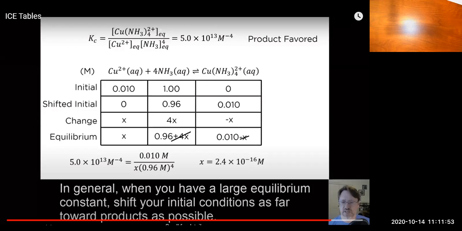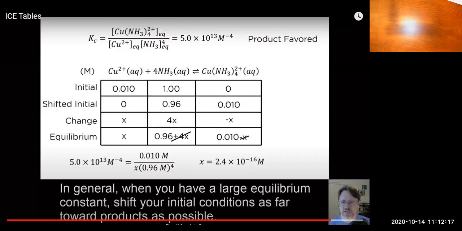Oh, I'm sorry, the question here, yes. So if the reactants are decreasing, how come the X is positive? Okay, so the reactants are decreasing relative to the initial line, but in the shifted initial line, the reactant is 0. So from the shifted initial line, it's going to be shifting to the left because you have to have something there.